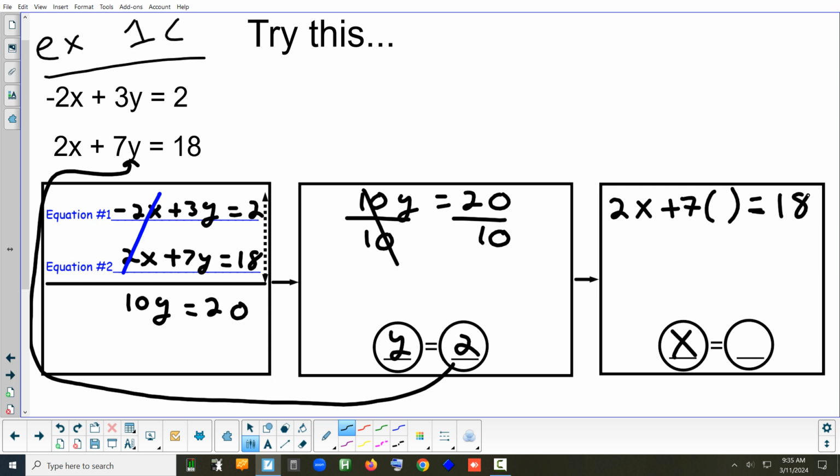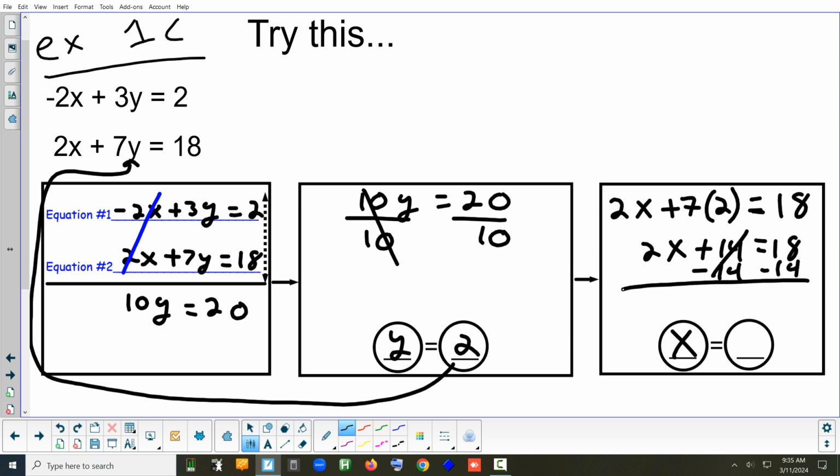And put the 18. What number is going to go in the parentheses right here? 2, because we're changing y to 2. Now we solve it. So 2x plus, what's 7 times 2? 14. Next step to get x by itself? Minus 14 on both sides.